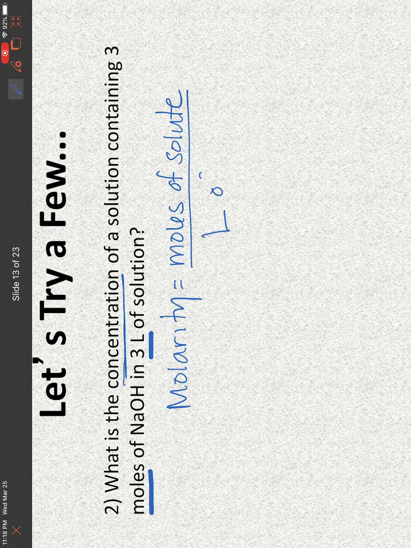Molarity equals moles of solute divided by liters of solution. So capital L here is the abbreviation for liter. All right? So what is the concentration?